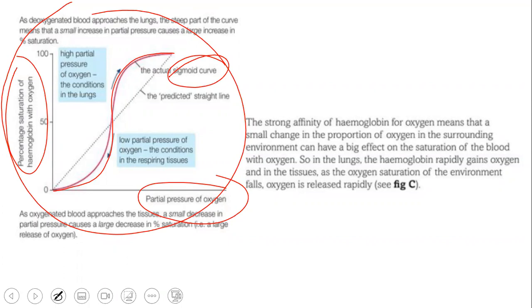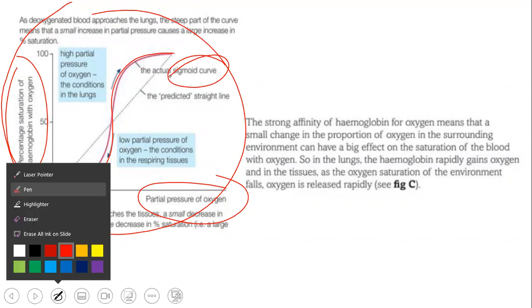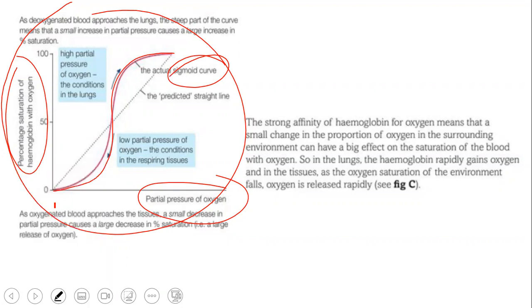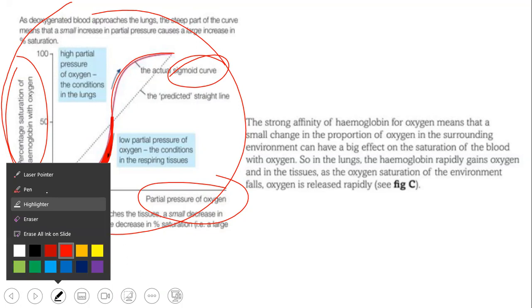One thing we're going to observe is this. When we are dealing with a low partial pressure of oxygen, the saturation of the hemoglobin is also less. That means when the partial pressure is low, hemoglobin is going to attach to less oxygen.